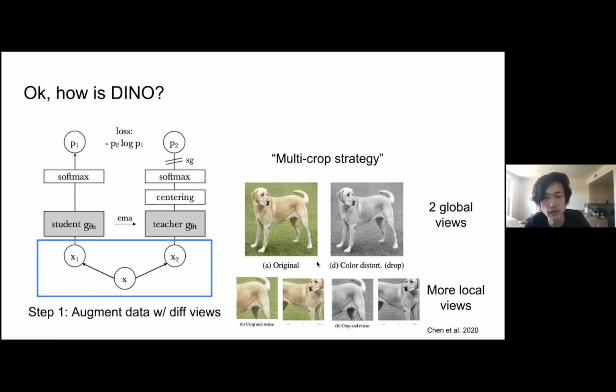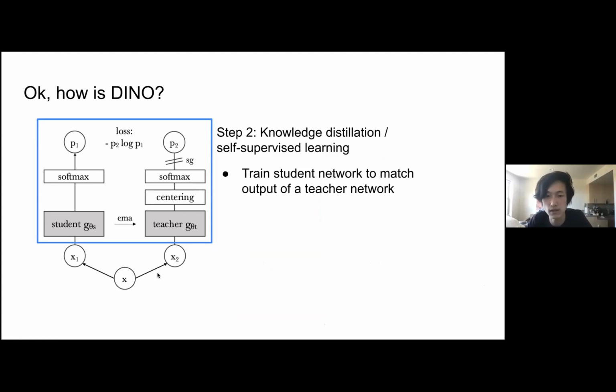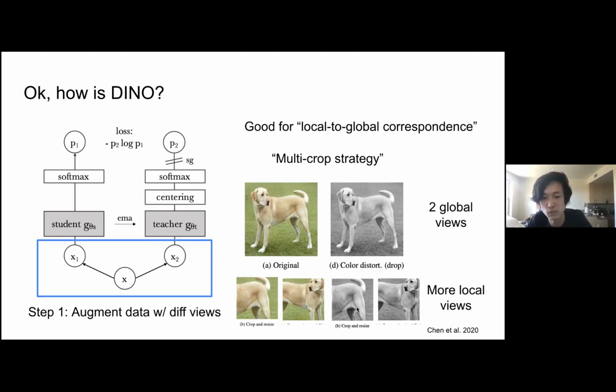The idea is that if you pass in the original and try to do contrastive learning with respect to a local view, you get this local to global correspondence. You're saying that this small image represents the same core thing as this large image, which is good.